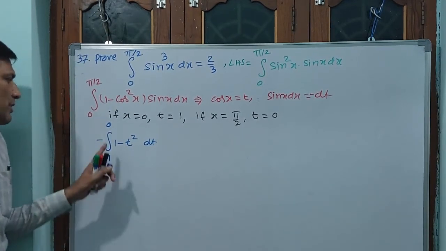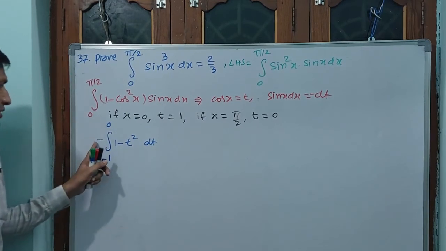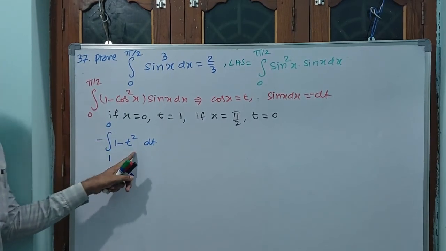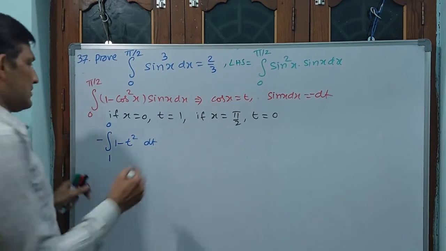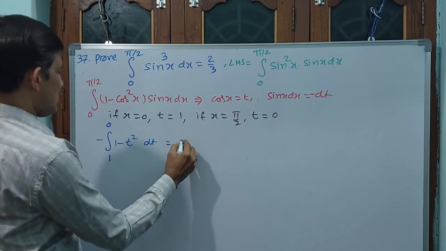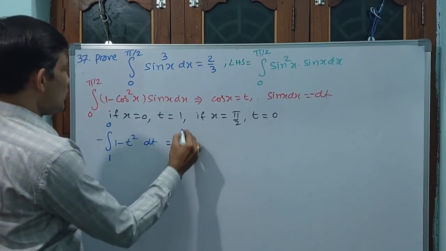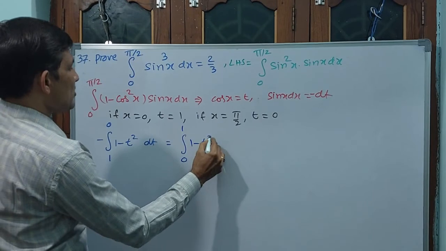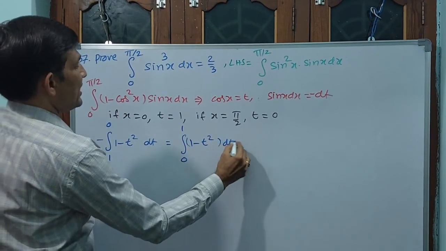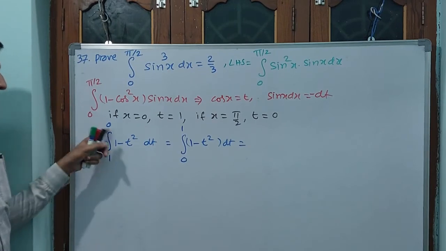Or else you keep this 1 to 0 like that only, send minus inside, t square minus 1 it is going to become. Both are correct. Write down: that is equal to integral 0 to 1 of 1 minus t square dt. I have changed the sign and changed the limits.